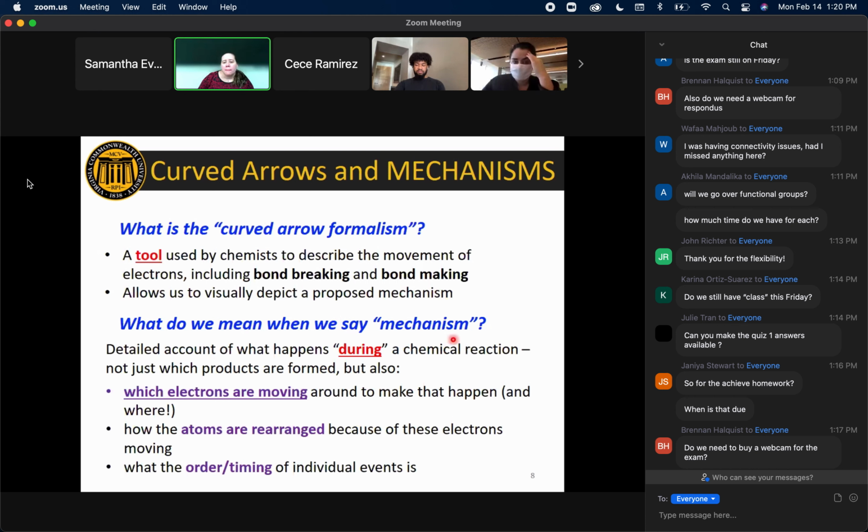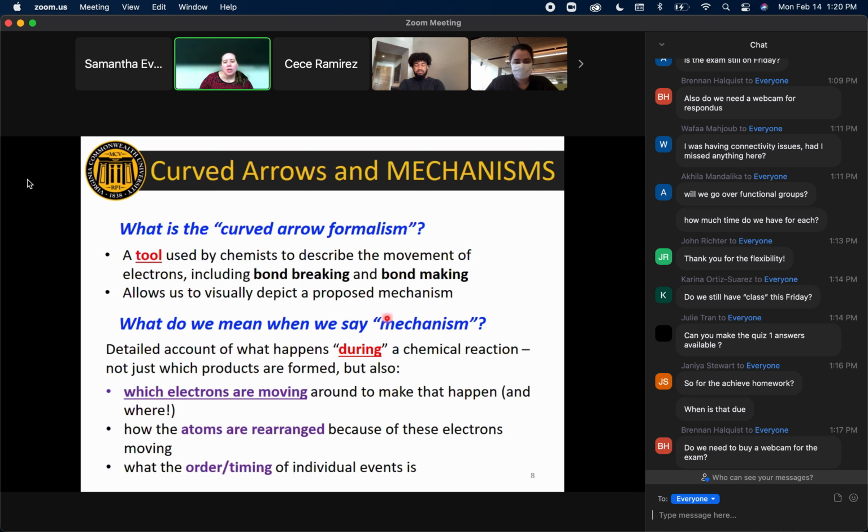When we say mechanism, the mechanism of a reaction is literally a full, complete account of all of the electrons that are moving, where they're moving, when they're moving, what order the steps go in, which ones move first, which ones move second, and whether they move at the same time. All of those details are captured when we write out the mechanism of a reaction.